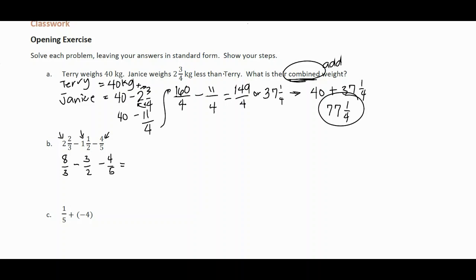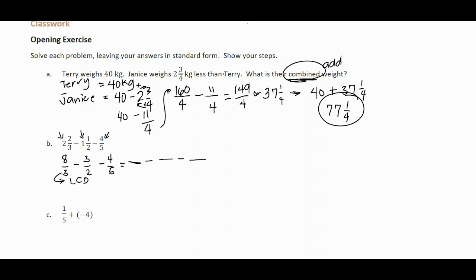Now, what I want you to do is to get the LCD, the least common denominator. As you can see, we got 3, 2, and 5. What is their common factor? That is basically what is being asked. Whenever we're getting the common factor, whichever is the smallest possible one, the least common denominator, that is our denominator.